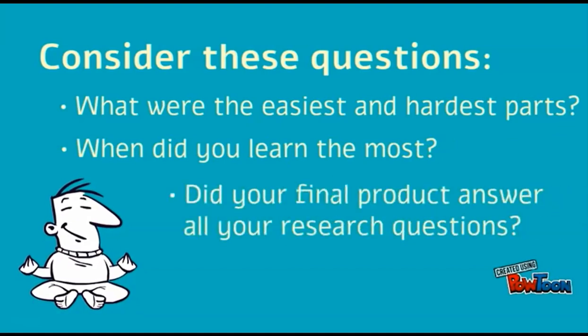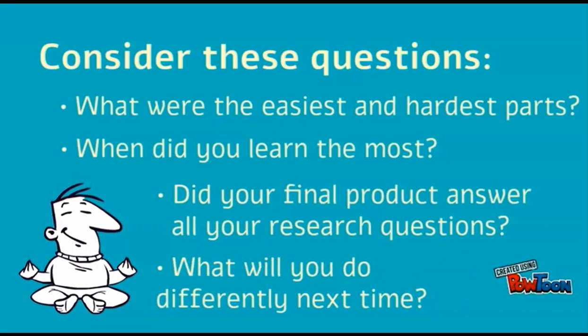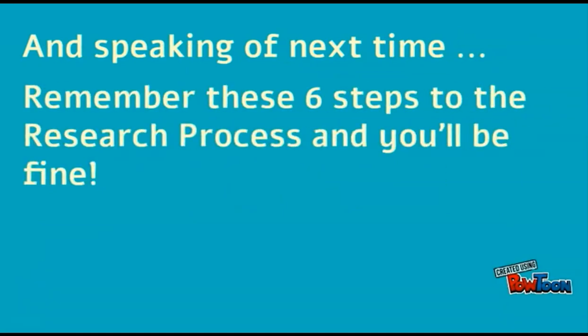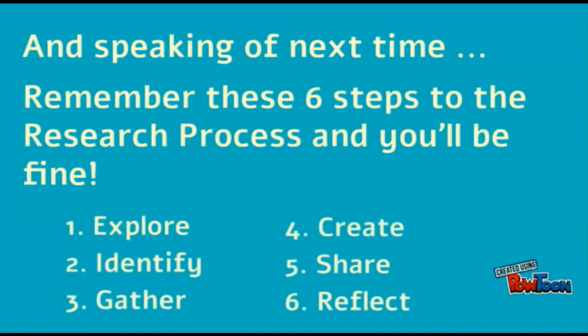When did you learn the most? Did your final product answer all of your research questions? What will you do differently next time? All right, and speaking of next time, remember these 6 steps to the research process and you'll be fine. Explore, identify, gather, create, share, and reflect.